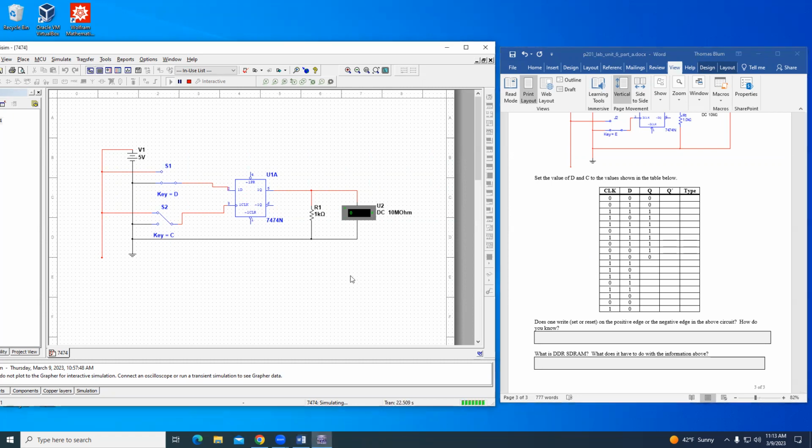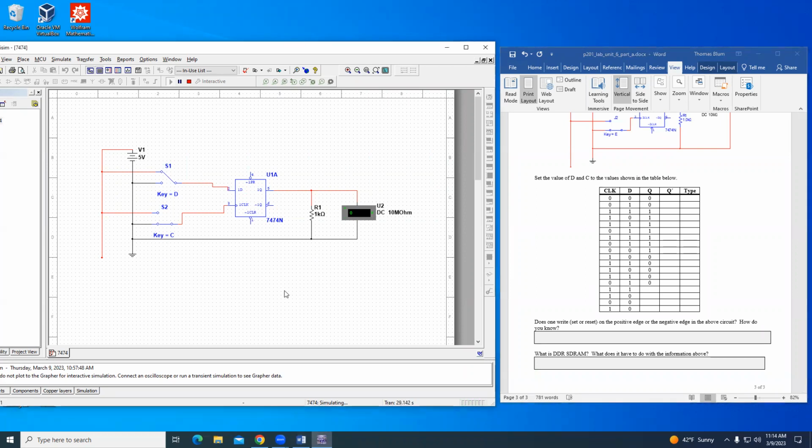And then make the data high, and it remained low. And then make the data low, and it remained low. Make the data high, it remains low. Make the clock low, it remains low.